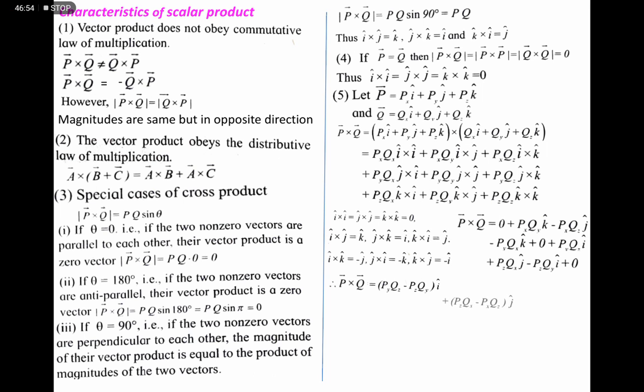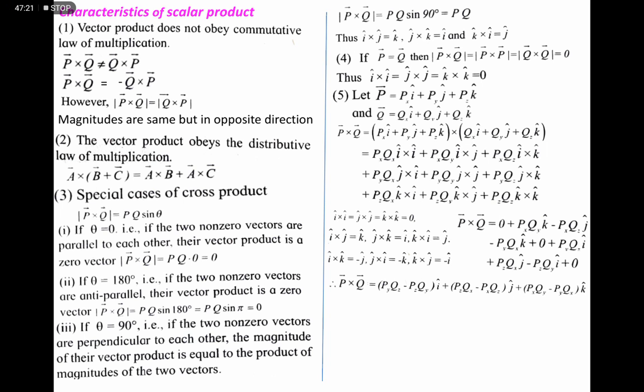Similarly, we collect another term, that is pz qx and px qz, and j bar is the common unit vector.